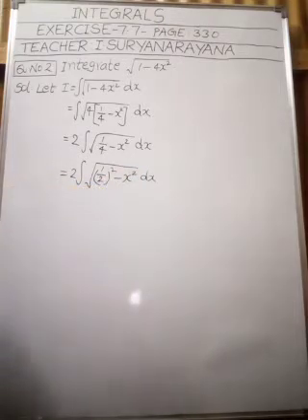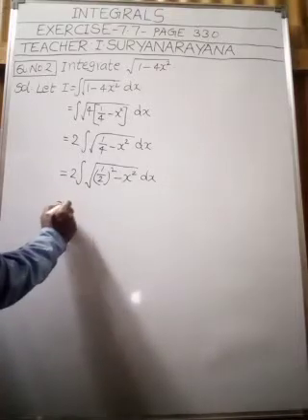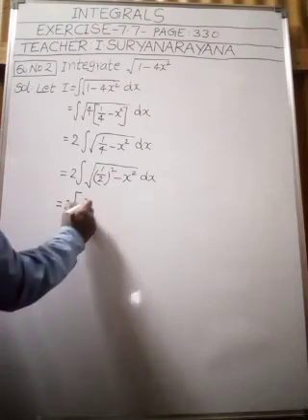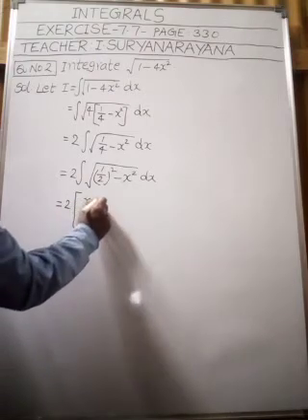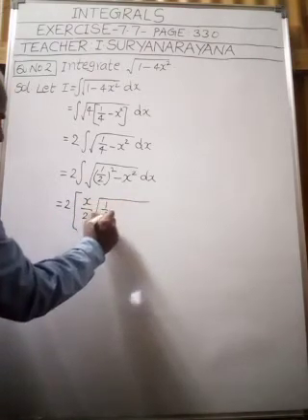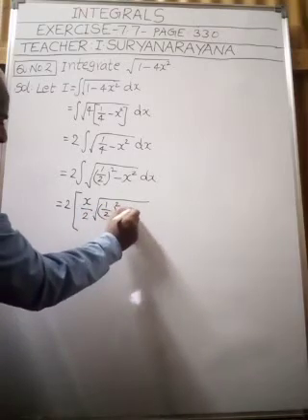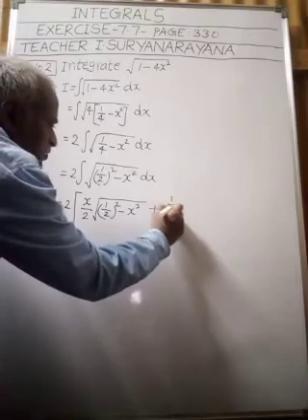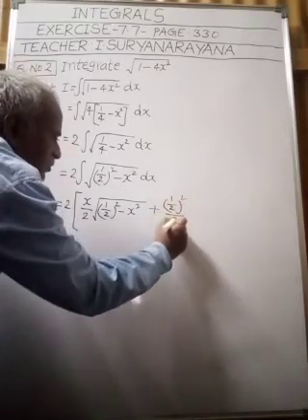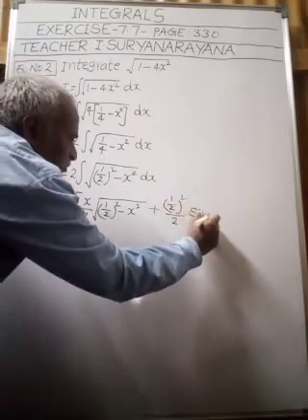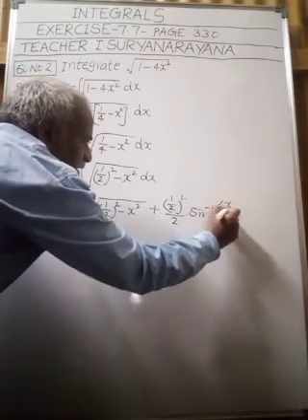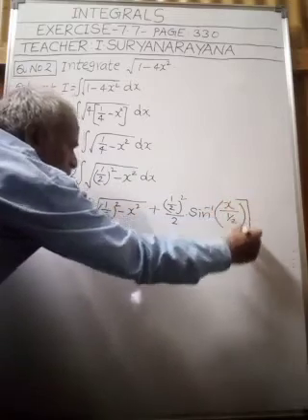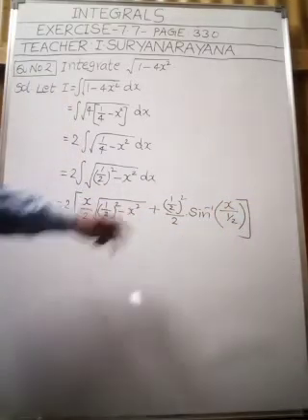Right. Now we apply that formula. 2 into, what is the formula? x by 2 root of a square minus x square, that means 1 by 2 whole square minus x square, plus a square by 2, that is 1 by 2 whole square by 2, sine inverse of x by a, x by 1 by 2. Understood this step, my children?